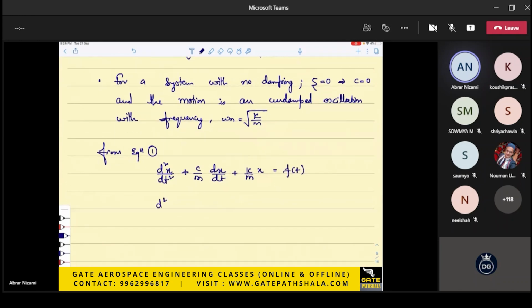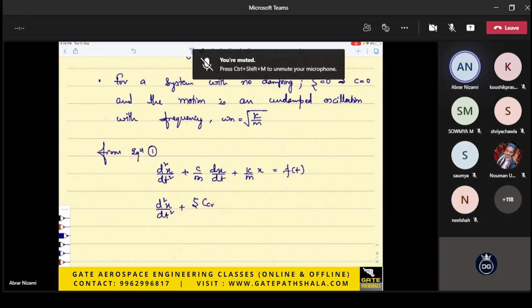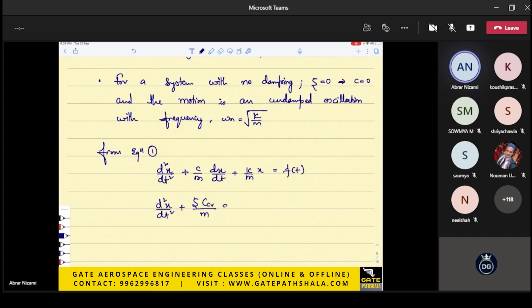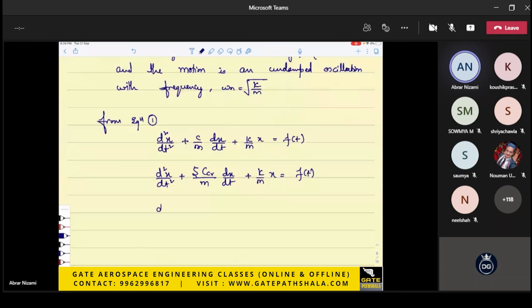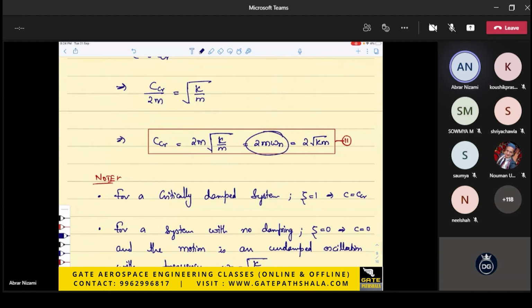In place of c you can write xi into CCR, divided by m. CCR is 2m omega n.